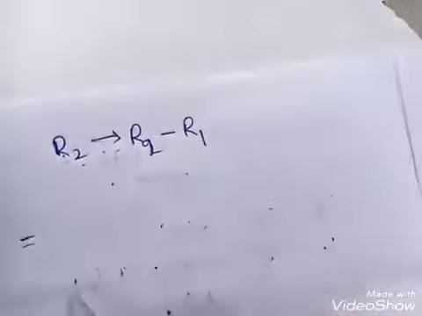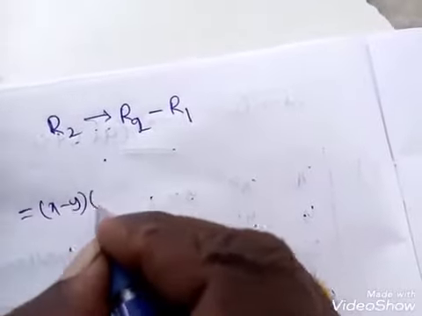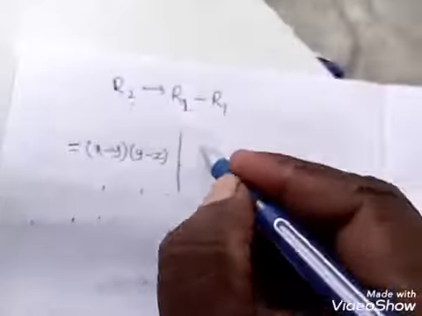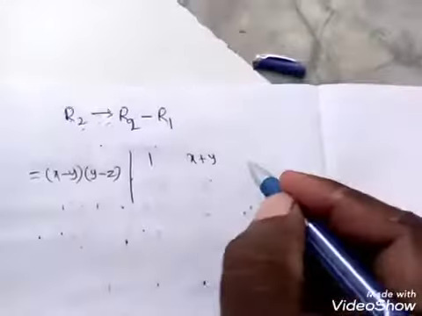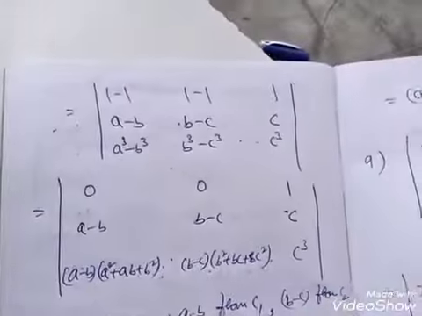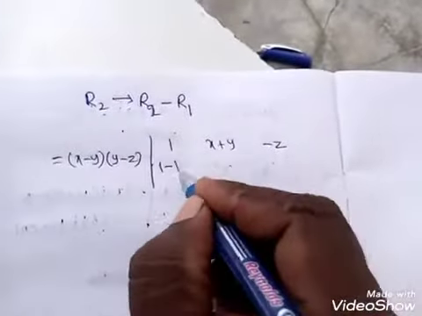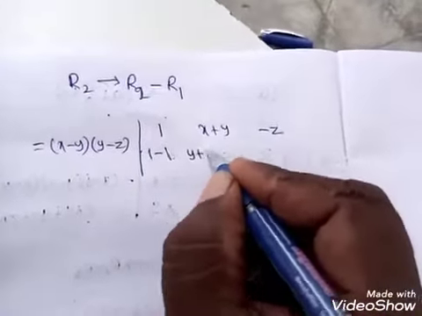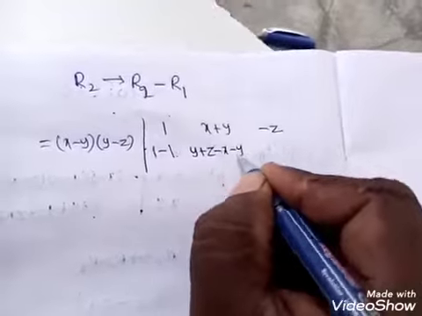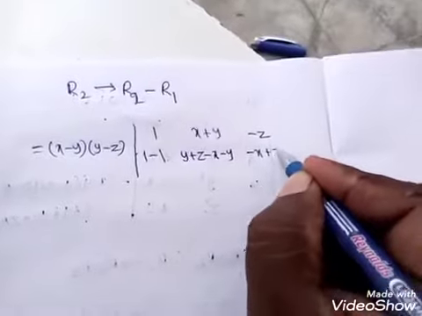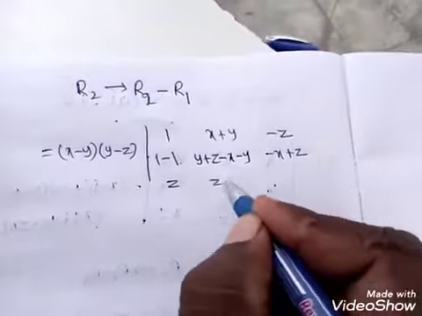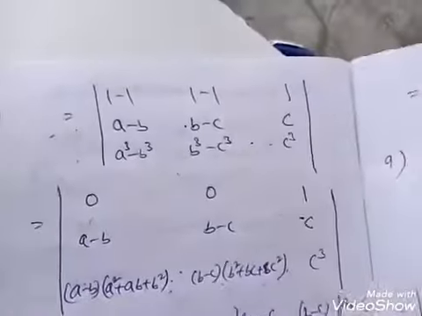Then what is there? x minus y, y minus z into first row as it is, 1, x plus y, minus z, and here what are you going to get? 1 minus 1, and here y plus z minus x minus y, and minus x plus z, and third row as it is, z square and xy.